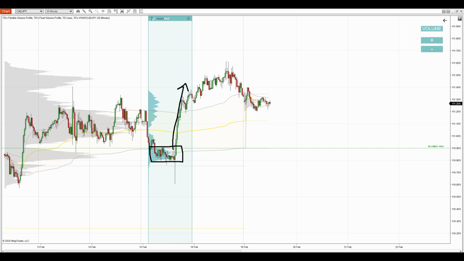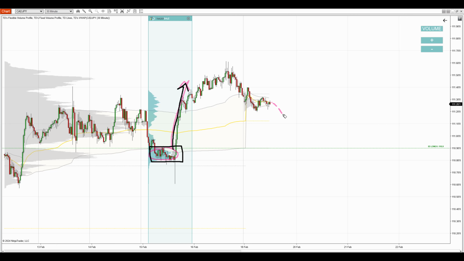As you can see, there were massive volumes here, massive volumes accumulated before this strong buying activity. So this is telling us that buyers were active here, buyers were accumulating their positions there, and then they pushed the price upwards.